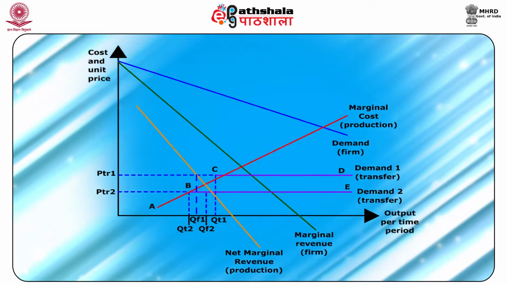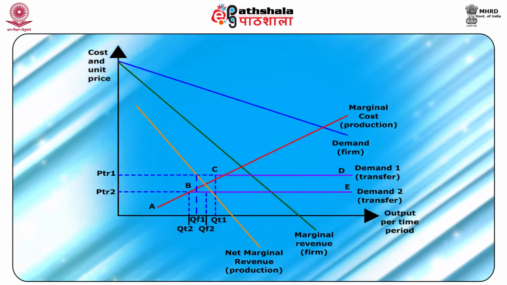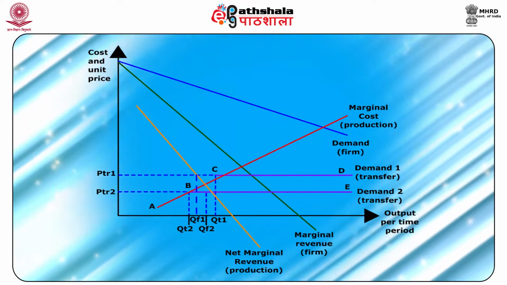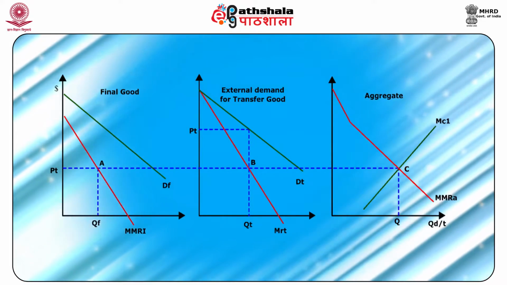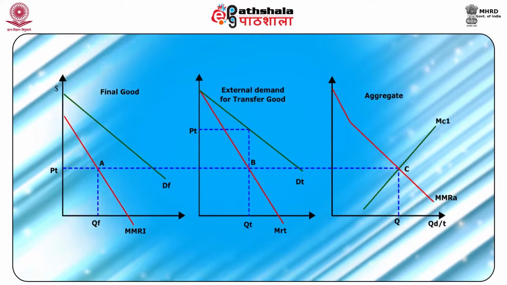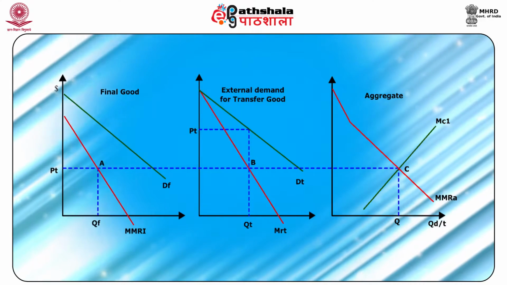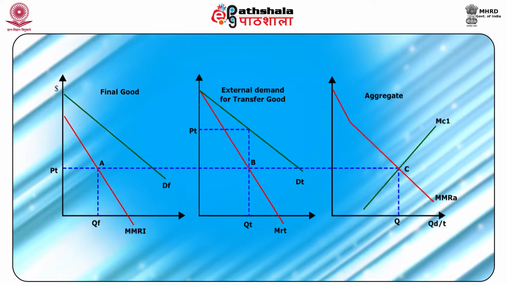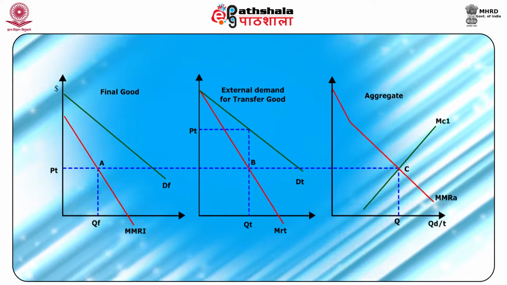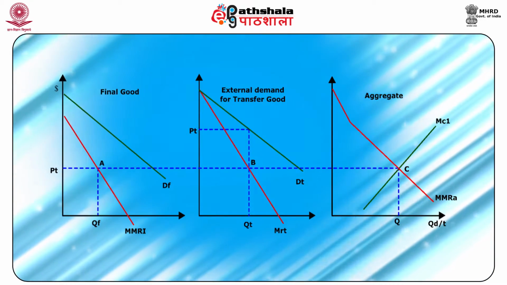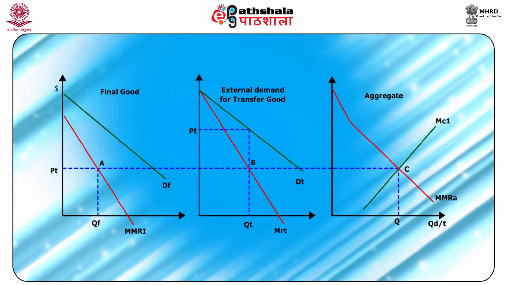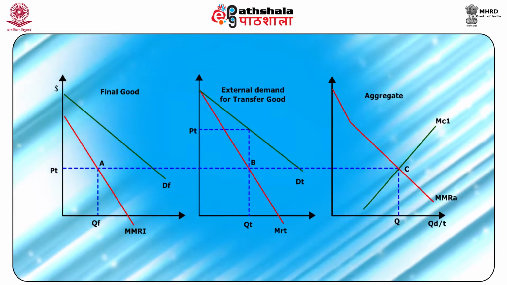If the market price is relatively high, that is at PTR 1 in figure 2, then the firm will experience an internal surplus or an excess internal surplus equal to the amount QT1 minus QT2. The actual marginal cost is defined by points A, C and D.